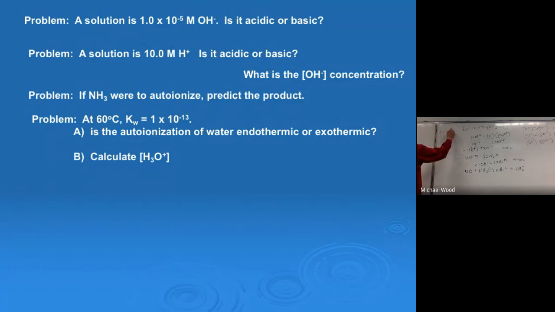So remember, it's products over reactants. So the value for K, this is at 25 degrees Celsius. So when it goes up to 60, the K goes up. So remember, this is really a Le Chatelier problem.